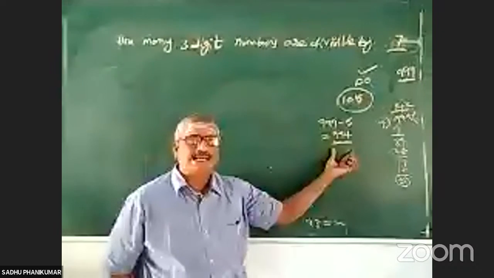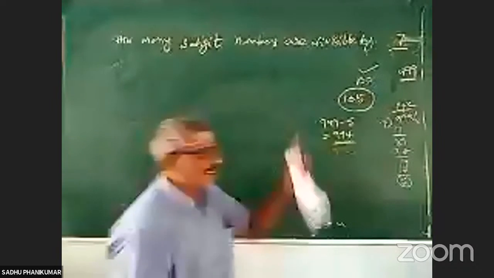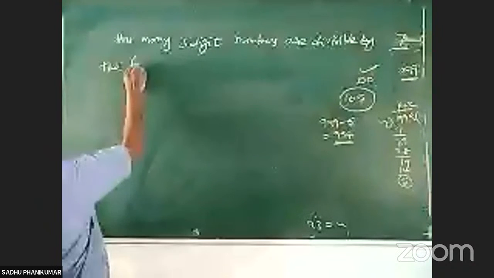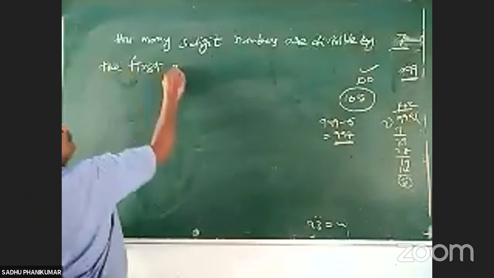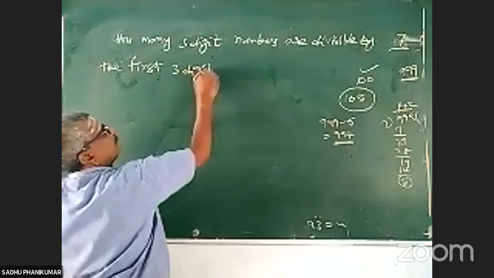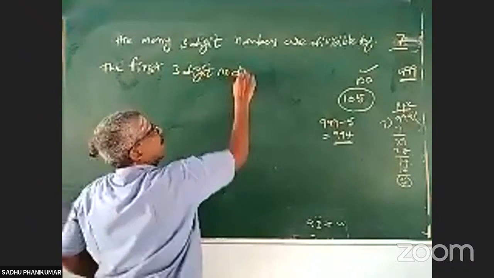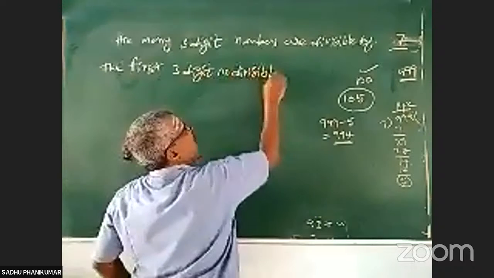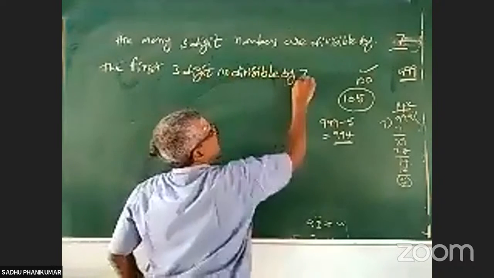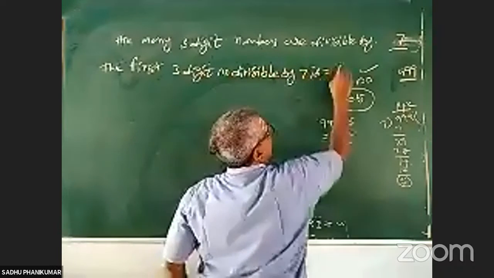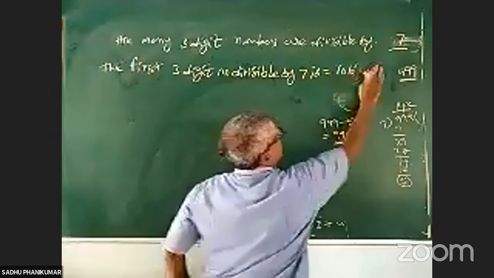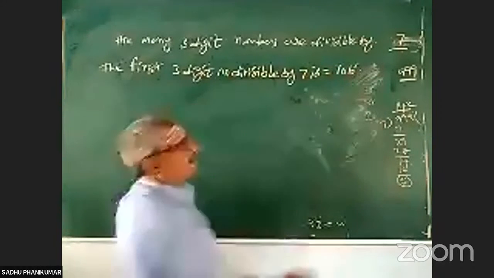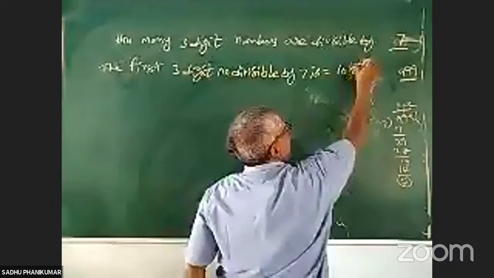Okay, write that down. First of all, what is the result? The first three-digit number divisible by 7 is 105.